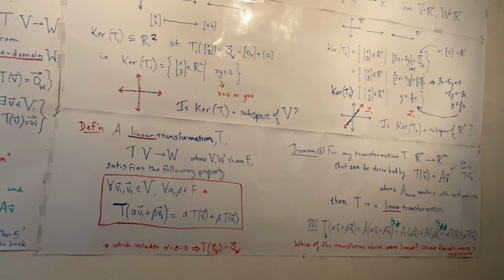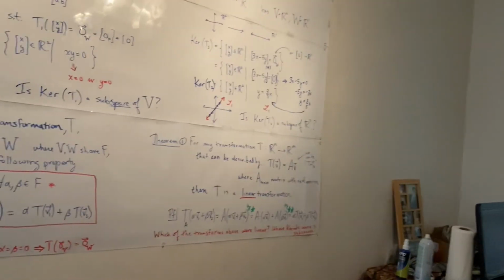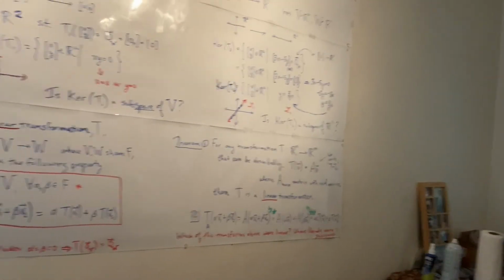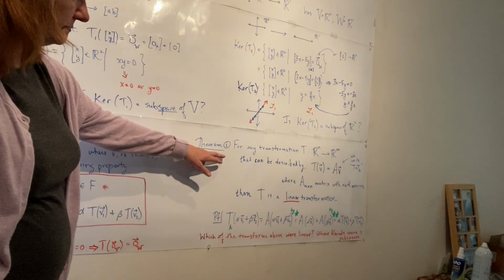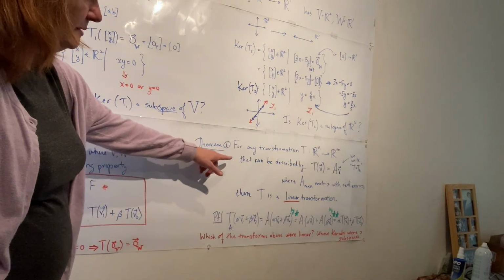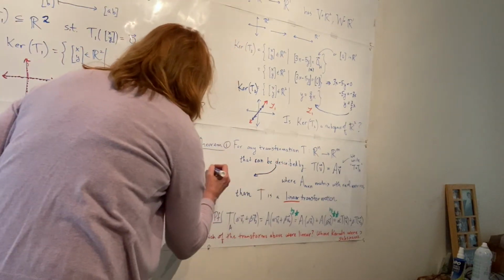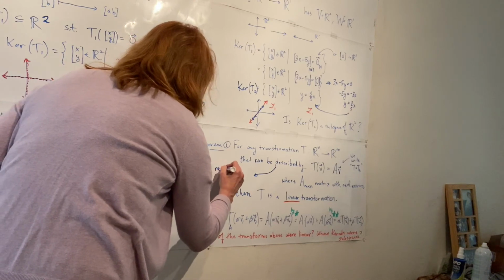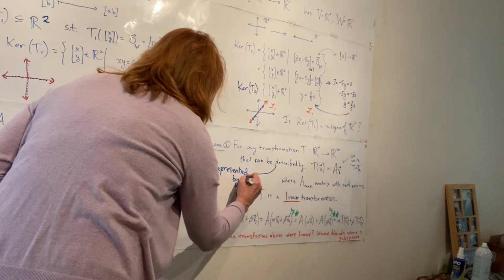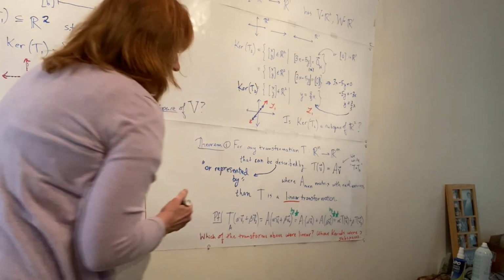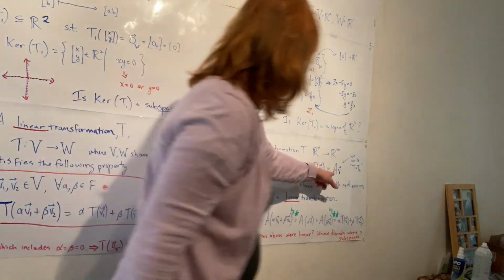For the next bit, I'm going to talk about this theorem, a pretty important theorem in the linear algebra class, and that is for any transformation that can be described, or we say represented by, a matrix multiplying on the left of the vector.